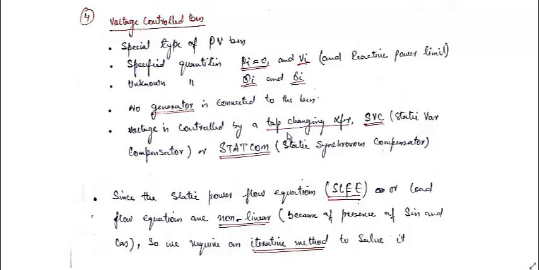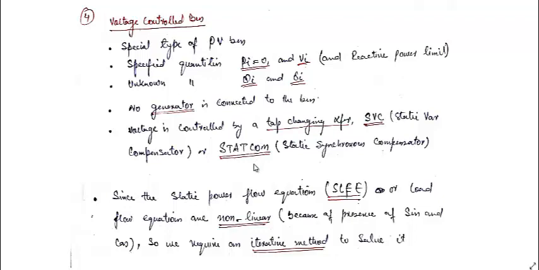Voltage is controlled by the tap changing transformer or by capacitor or by static var compensator, that is SVC, or by STATCOM, that is the static synchronous compensator. These two are actually, this is a thyristor controlled capacitor, and this is a static synchronous compensator using only switches.